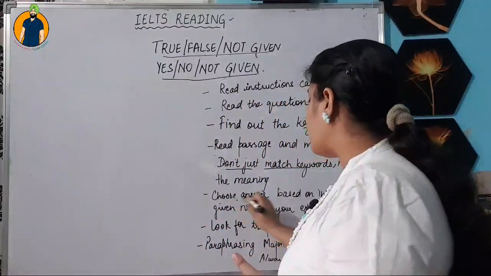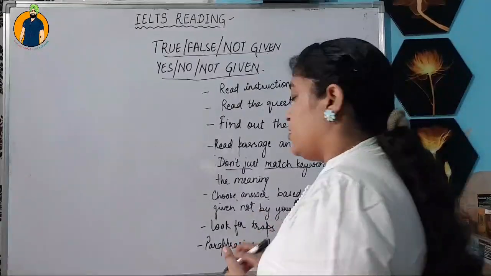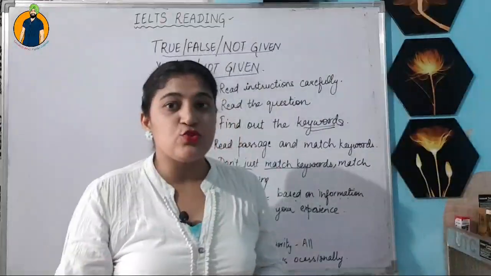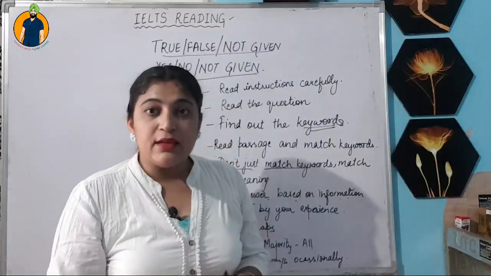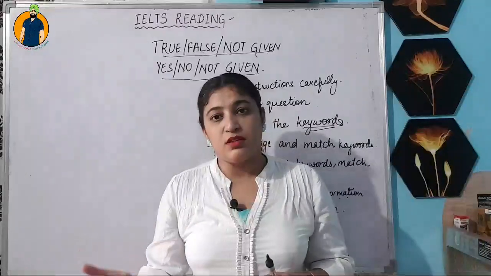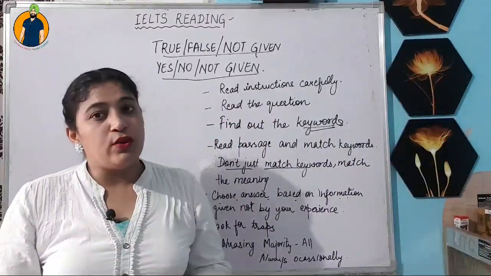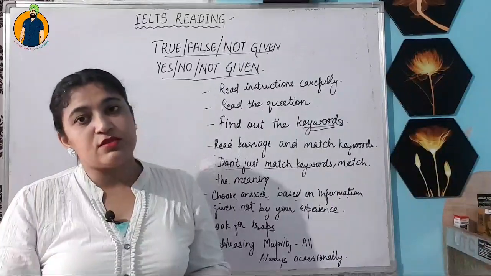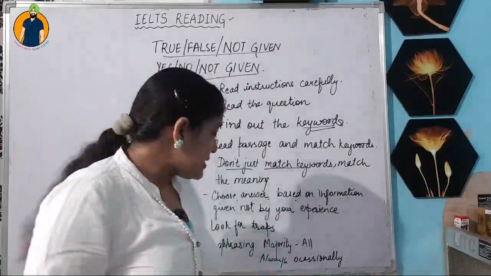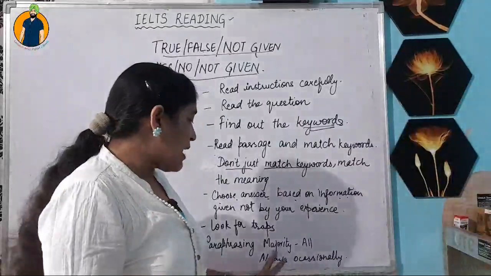Next, you have to choose the answer based on the information which is given. So you have to choose the answer by the information which is given in the passage and in the question, not on the basis of your own experience or previous knowledge. Next, you have to look for the traps. What are those traps?